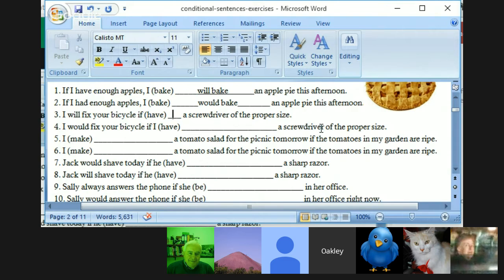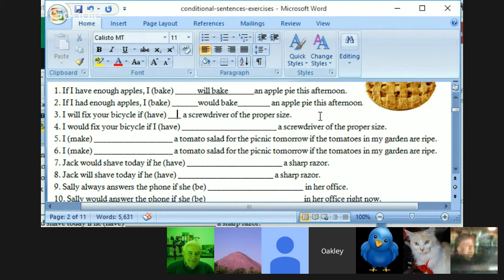All right. We can't have would here because this is the if clause. See, the will is only in one of the clauses. It can't be in both clauses. Do you see? We can't use a future tense with if.